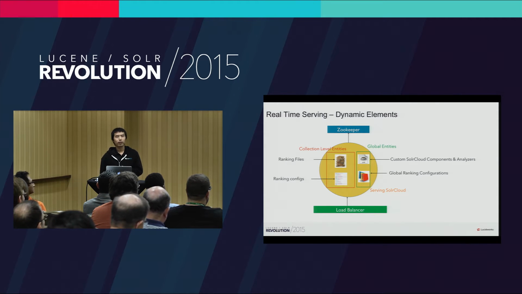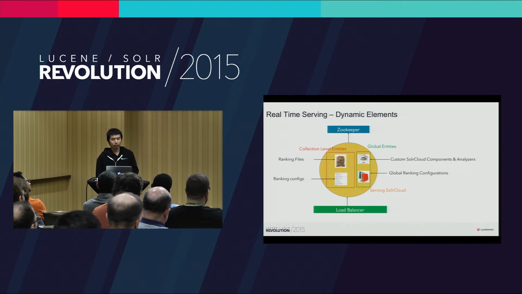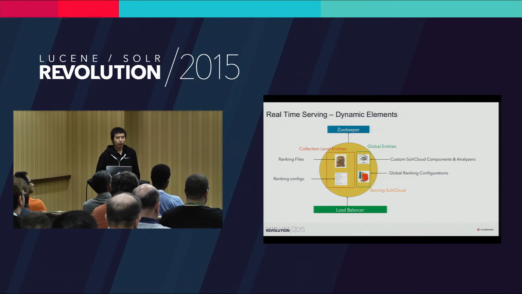So we have customized components inside Solr cloud, which run in the same JVM. We also have a global ranking across the Solr cloud for all customers. At the per-customer level, every customer has their own ranking files and ranking configurations, which are per core.